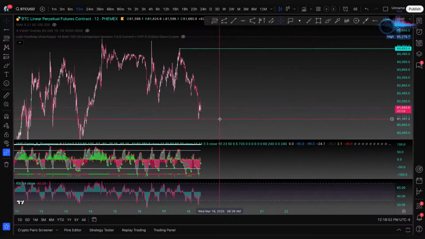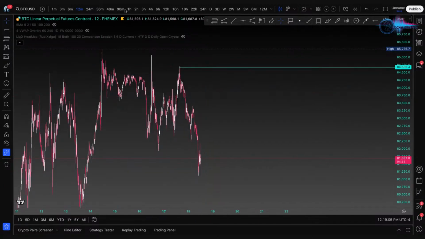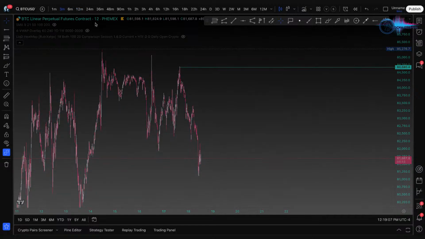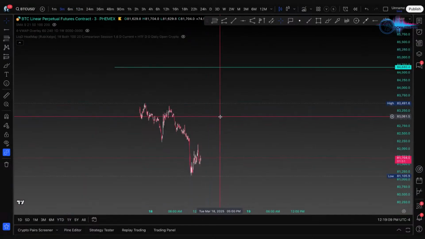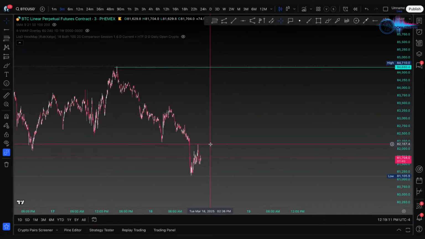All right, yeah, we dipped down this morning to about 81,000, 81,100. And right now I'm looking for a move back up as long as this RSI gets back above the 50. Lower time frame, I bet you. So if we start working up, get above 82.1, we will start making a structure change.